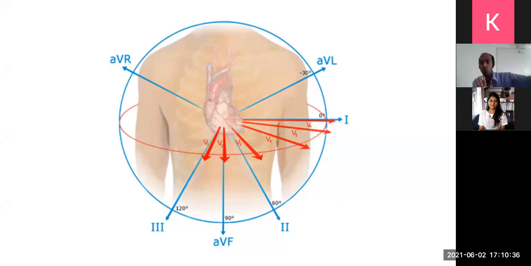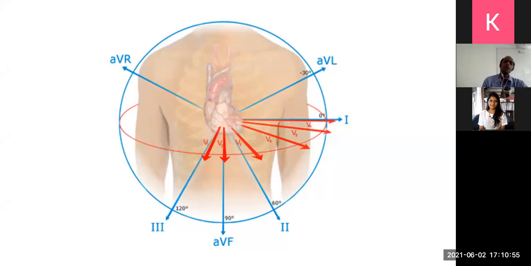Current moving away from this lead is negative. So current coming to the lead is positive, current going away from the lead is negative.